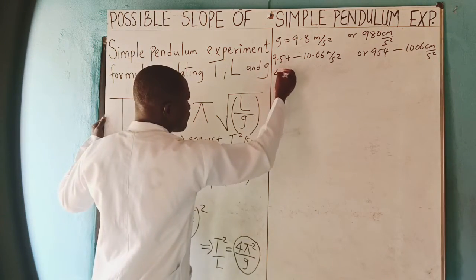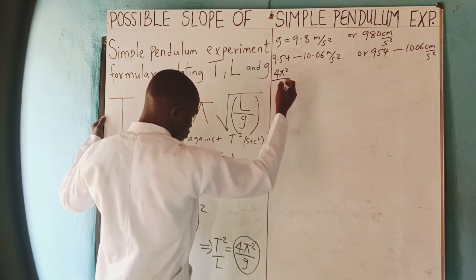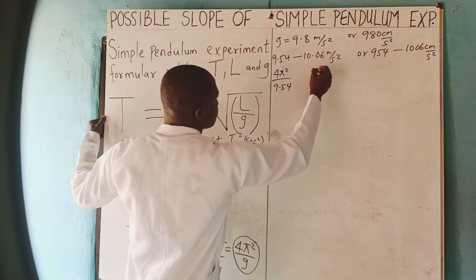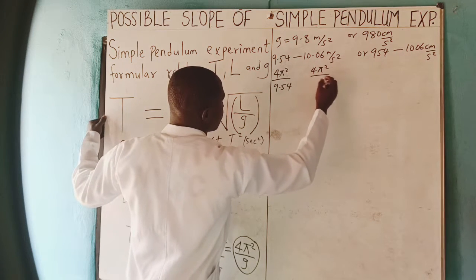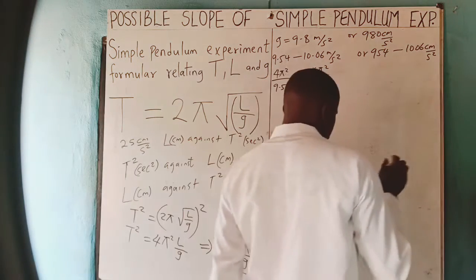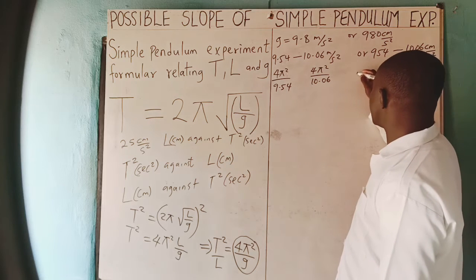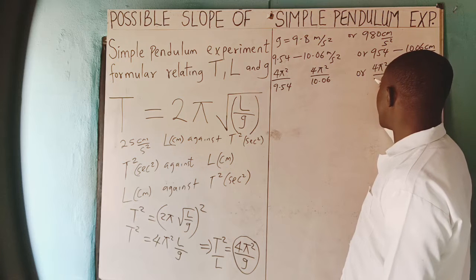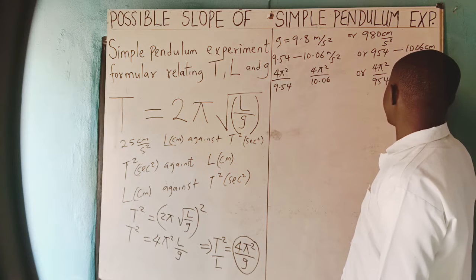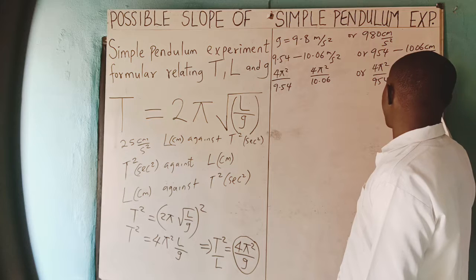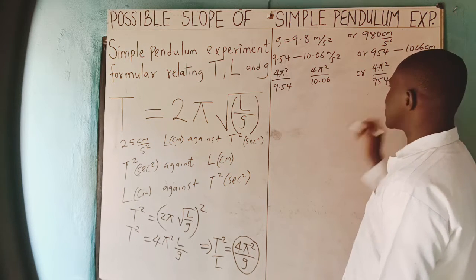For this one, we have 4 pi square all over G, where G is 9.54, whereas for this one, 4 pi square all over 10.06. And for this one, 4 pi square all over 954, and 4 pi square all over 1006, in centimeter per second squared.